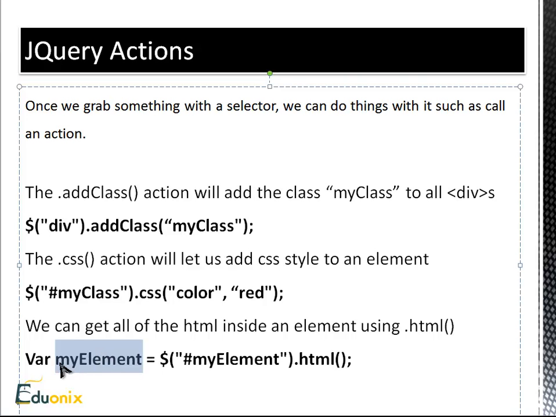So we're creating a variable which is equal to the element with the ID of my element, and the .html is going to actually give us everything that's in that element. Okay, so whether it's a paragraph or images, a whole page, whatever it is, this is going to put all the HTML into this one variable, and then we can use that to do certain things.